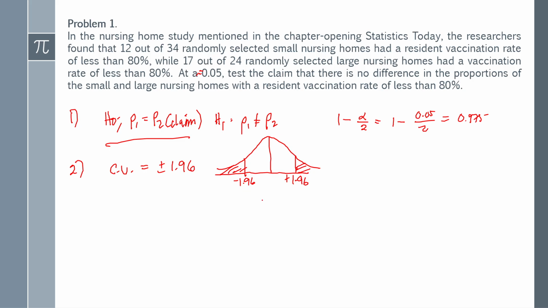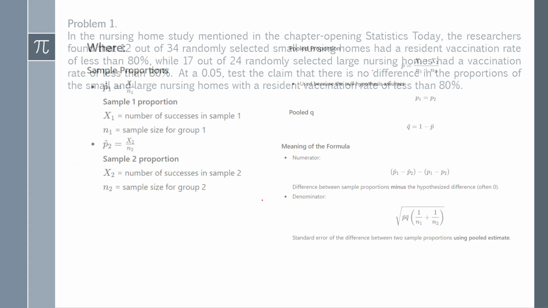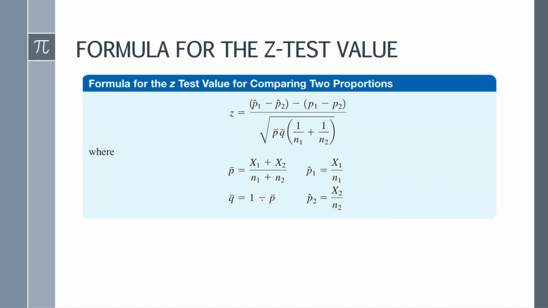So next we need to compute the Z value, using the formula. We have to find P hat 1, P hat 2, and P bar and Q bar.